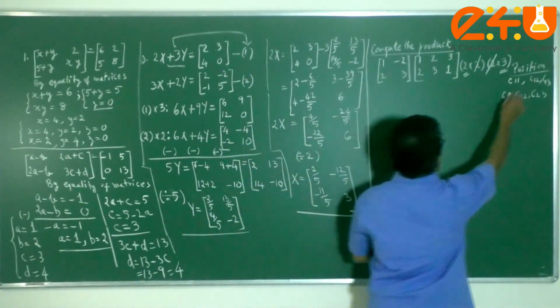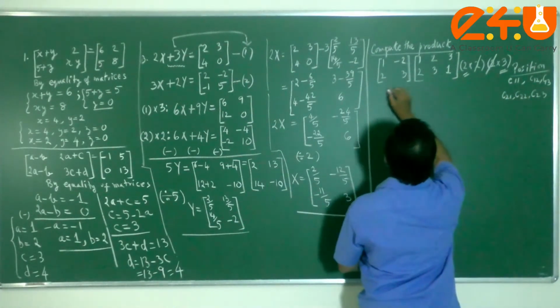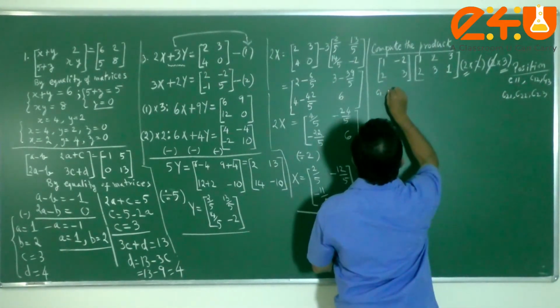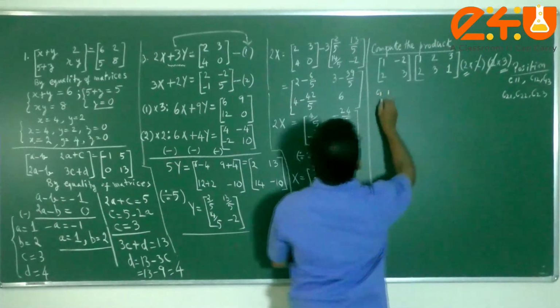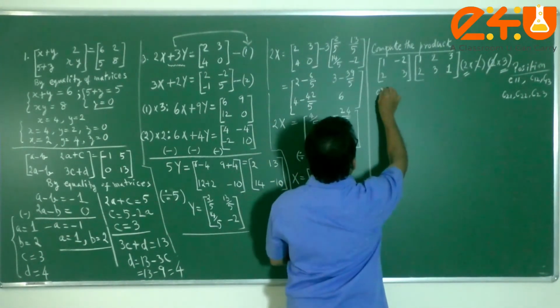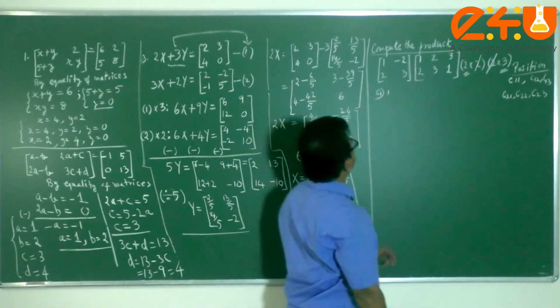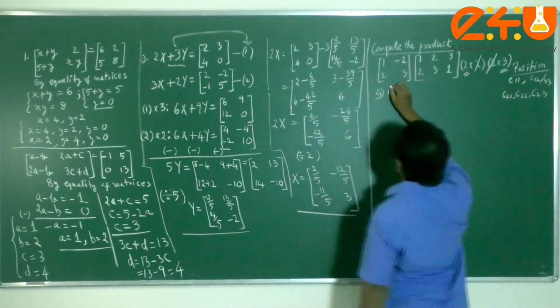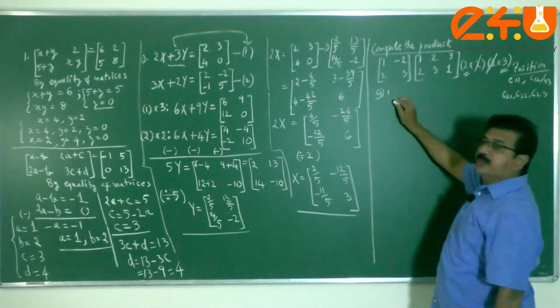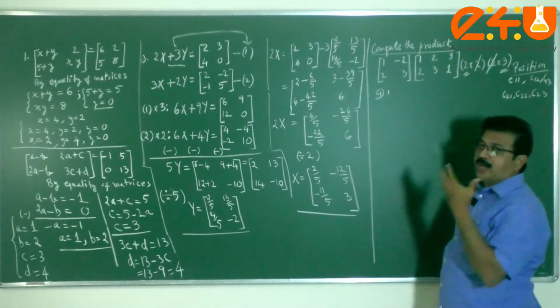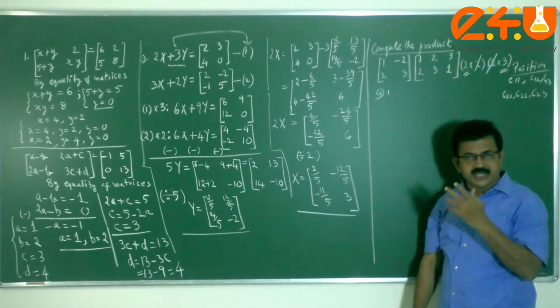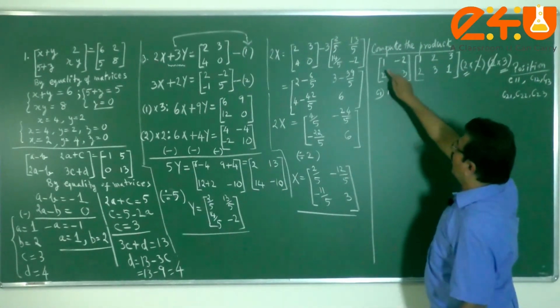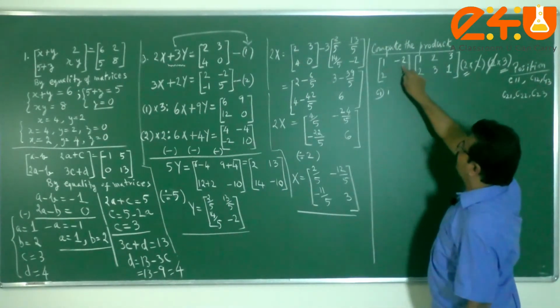So when I say C11, let us concentrate on first row, first column. I am giving a spacing between the 1 and 1. The first one is the row number to be taken from the first matrix, and the second one is the column number to be taken from the second matrix. So what do you observe? Your vision is completely focused on row 1, the elements 1 and minus 2.